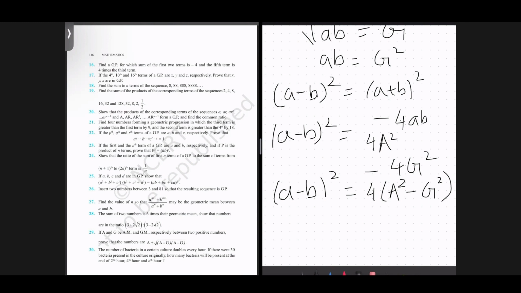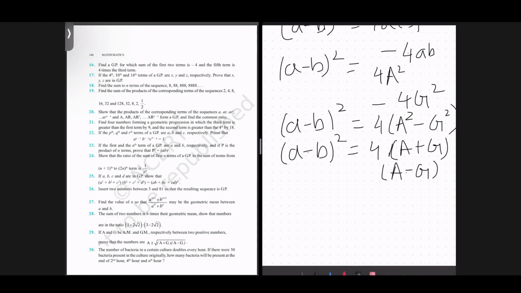Now A squared minus G squared can be written as (A plus G) into (A minus G). So (a minus b) whole square is going to equate to 4 (A plus G) into (A minus G).